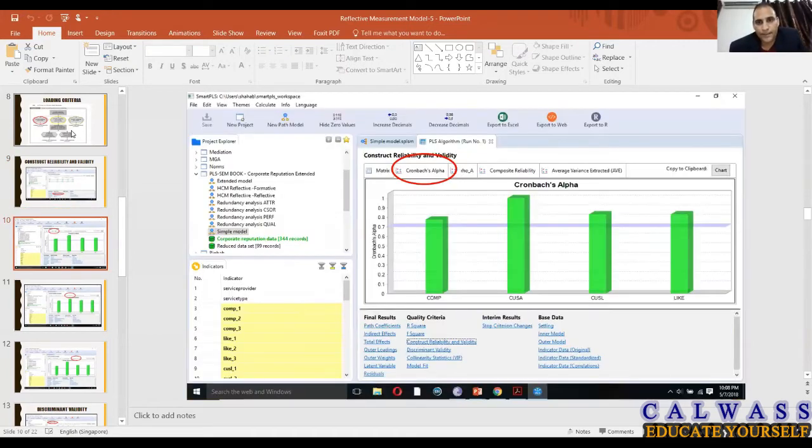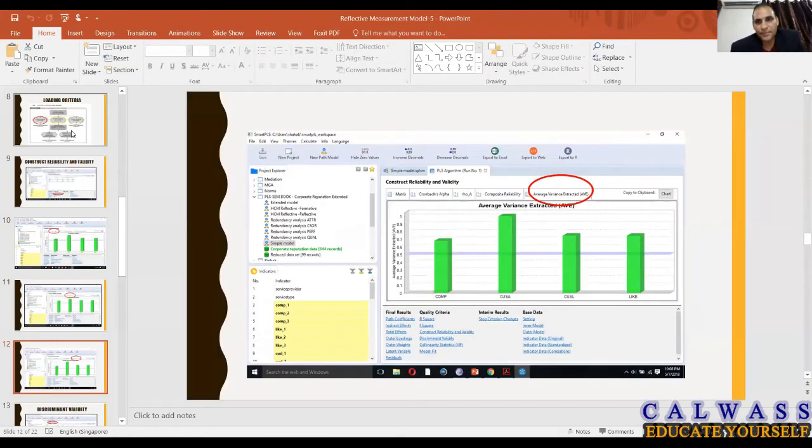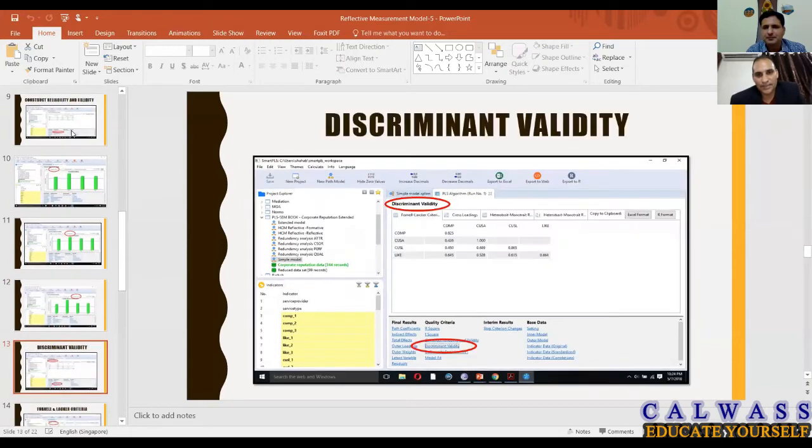This software gives you a graph in graphical form as well. So you can quickly see the cutoff is 0.7 and all the values are above the cutoff. So it's very easy to see on this software. If you don't like numbers, you can see through the graph as well.